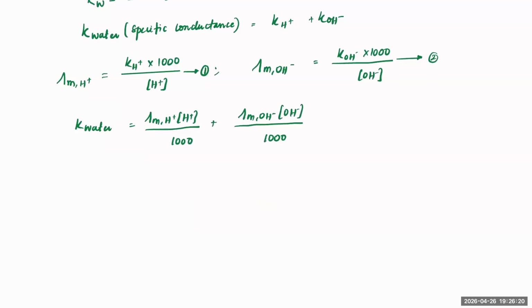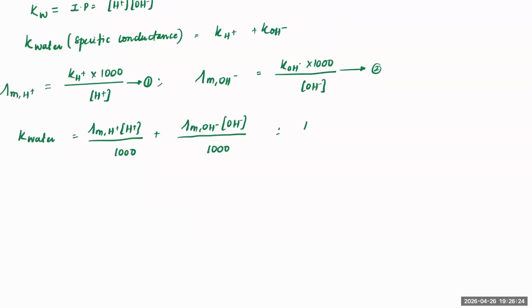Now, we know that the ionic product of water Kw is equal to H plus concentration into OH minus concentration. And for pure water, H plus concentration is also equal to OH minus concentration.